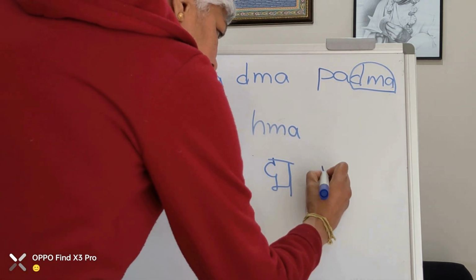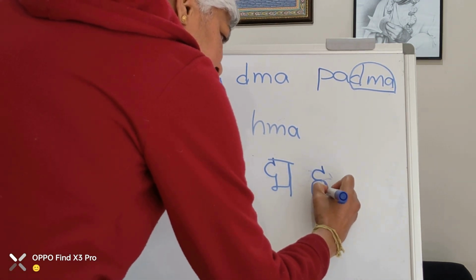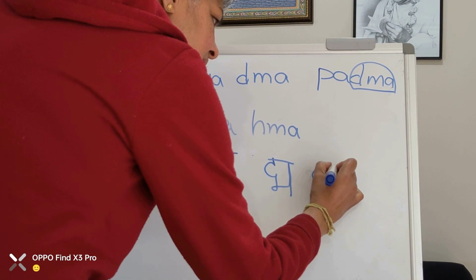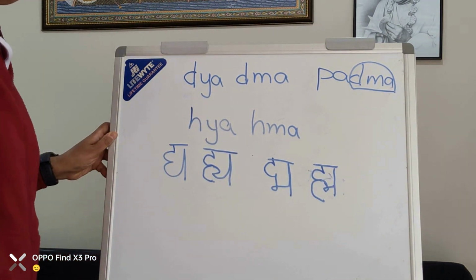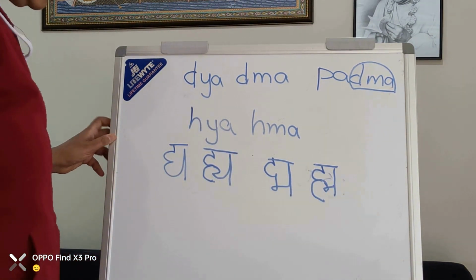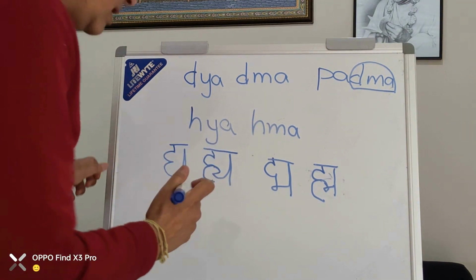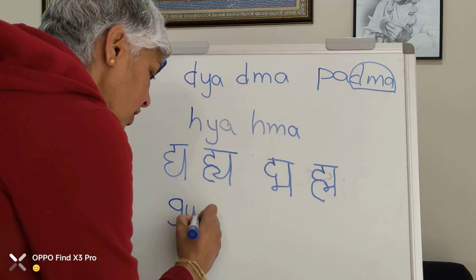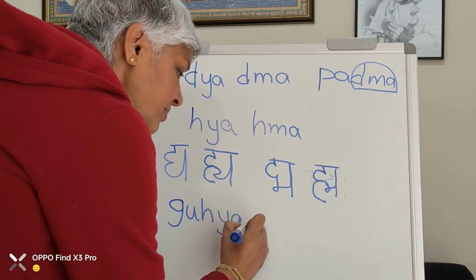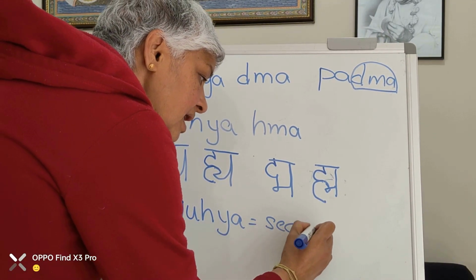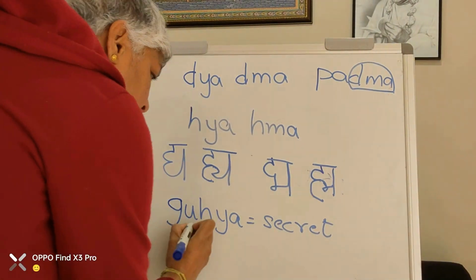Hma will sit in its tummy. Make sense? Okay. So, guhya. Guhya. Try writing this. Guhya. Guhya means secret. How do we say that? Gu.